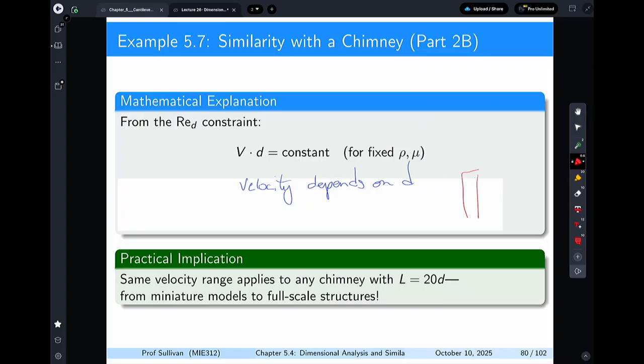So if I have something like this where you have L and D, the flow around that chimney is going to be most affected by the diameter. That's causing the disturbance. We assume uniform flow going past it. So the height doesn't play a role.